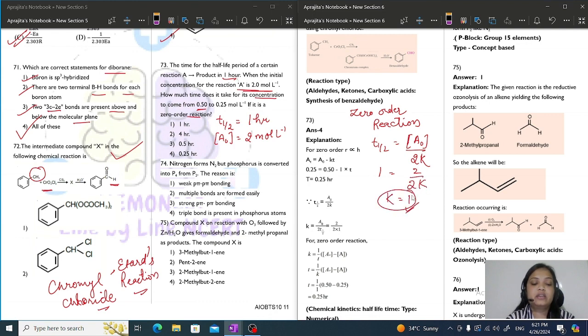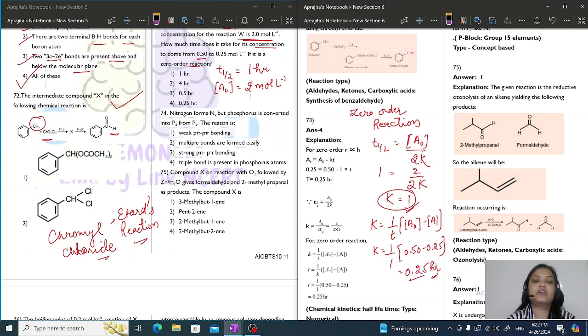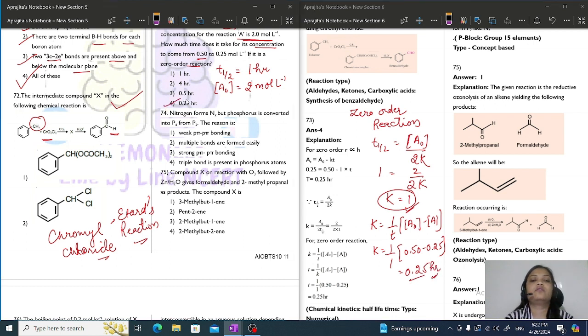Now we know that K is equal to 1 upon T, A naught minus A. So here T we know it's 1. The concentration is coming from 0.50 initial and final is 0.25. So it's coming out to be 0.25. So it means it will take 0.25 hours for this much concentration change.